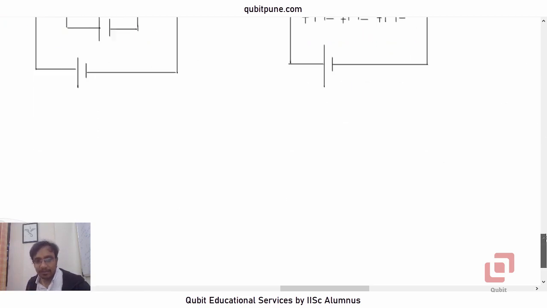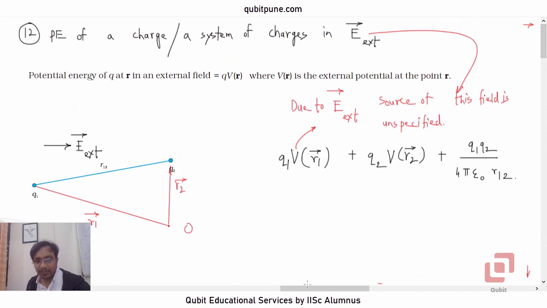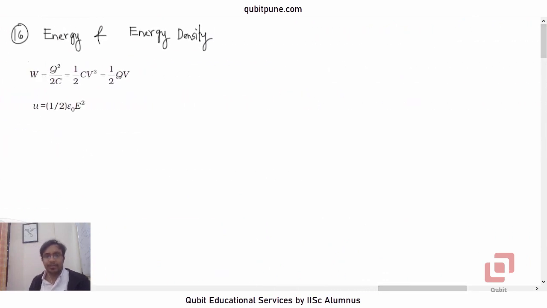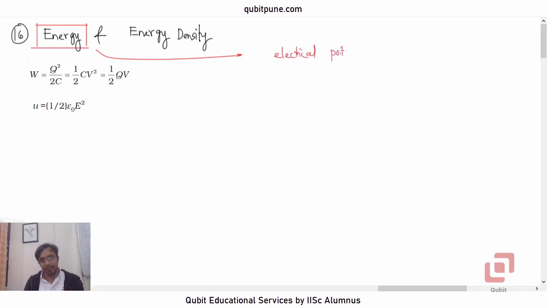So here, keep this in mind. Let's now move on to the last part: energy stored in the capacitor. What kind of energy is this? This energy is the electrical potential energy. Why do we need this electrical potential energy first of all?